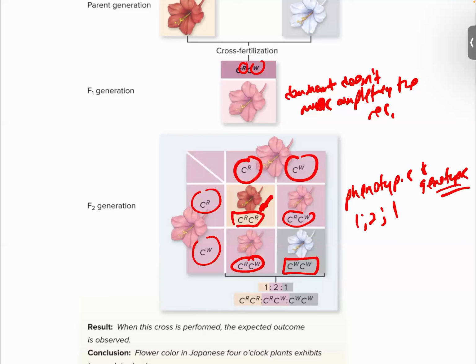One homozygous dominant, two heterozygotes, one homozygous recessive. So both the phenotypic and genotypic ratio are 1 to 2 to 1. Is that the same we saw in Mendel's system? What was the phenotypic ratio in a monohybrid cross like this in Mendel? Yeah, it was like the 3 to 1, right? So that was the phenotypic. The genotypic was 1 to 2 to 1, but the phenotypic was 3 to 1.